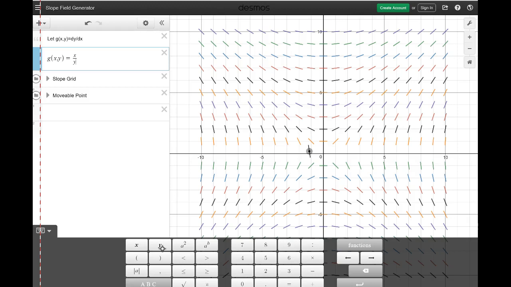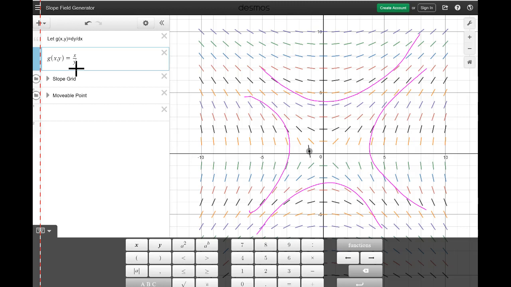If you think back to your Algebra 2 class, these look a lot like hyperbolas. For example, I see a hyperbola here, and you've also got some hyperbolas on the side. So a family of hyperbolas is the solution to that differential equation.